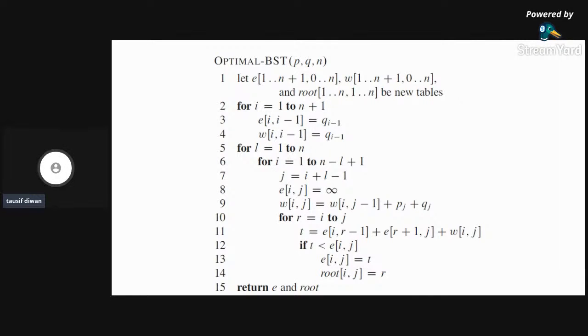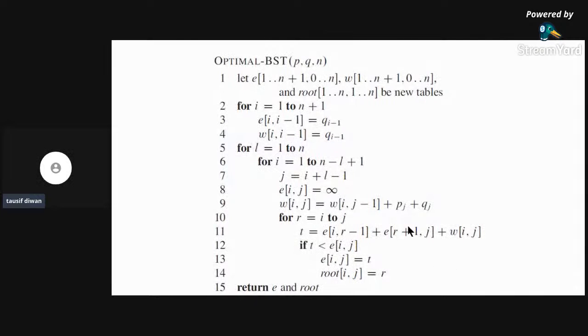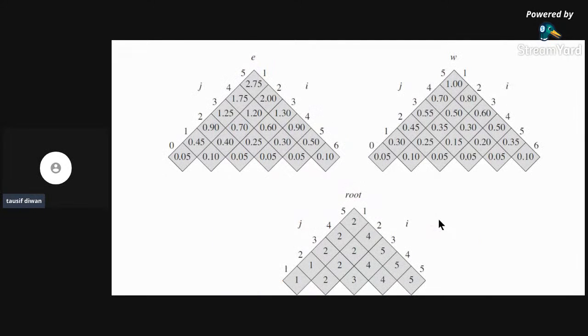What is the upper limit of i to j? The upper limit is nothing but n. So more specifically, we can consider that it is also running n times. So three for loops are there, each running n times, so the time complexity will be n cube. The final time complexity of this will be n cube. So this was the optimal binary search tree. Thank you.